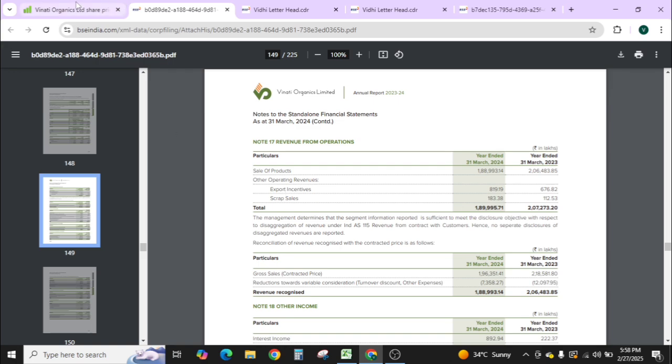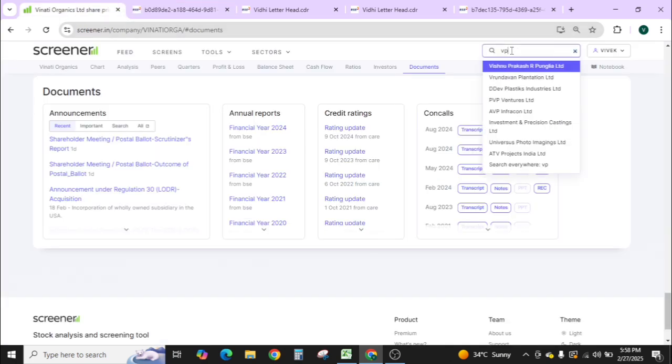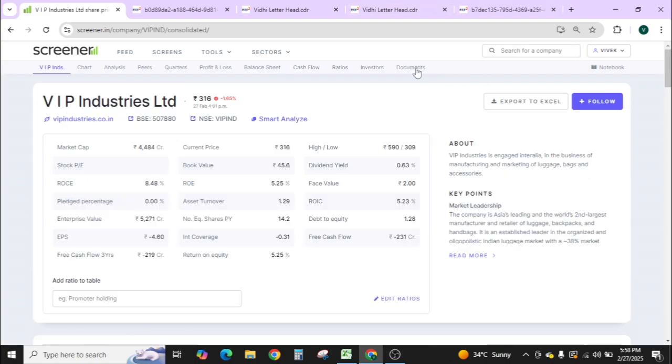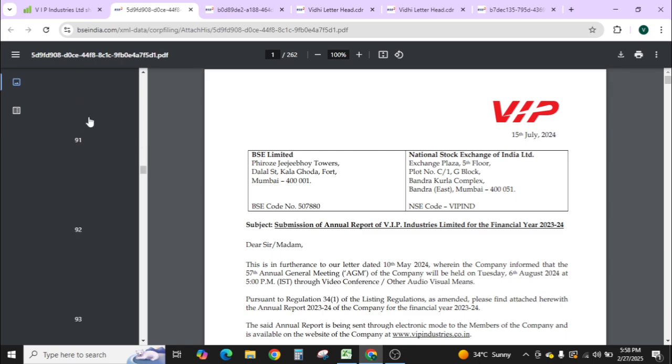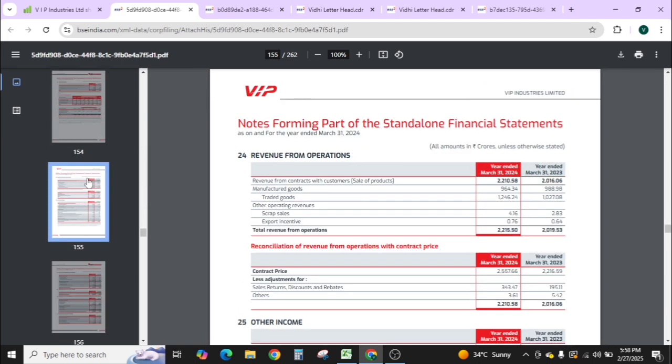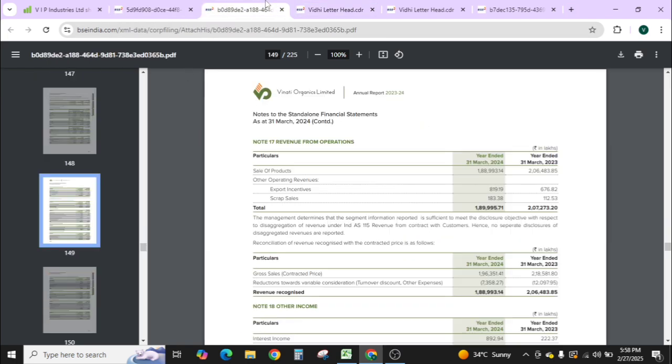But if we see VIP, if you go to the revenue footnote, standalone or consolidated, here they have given their revenue from manufacturing and traded goods. Vidhi also gave it, but Vinati has not.